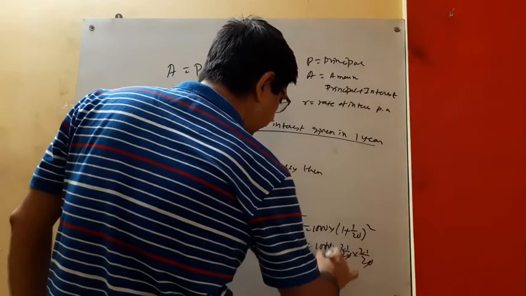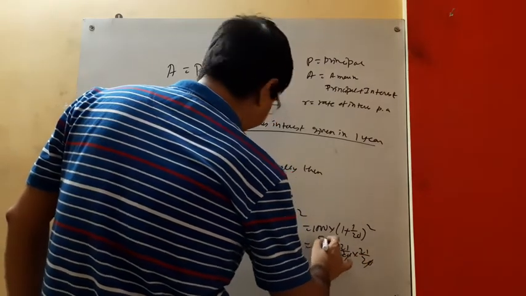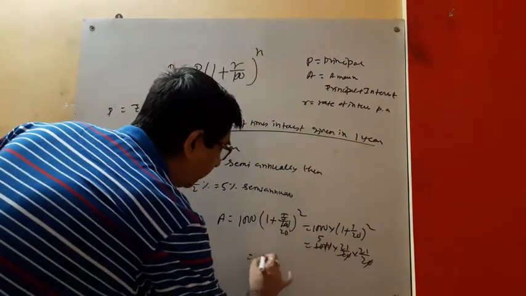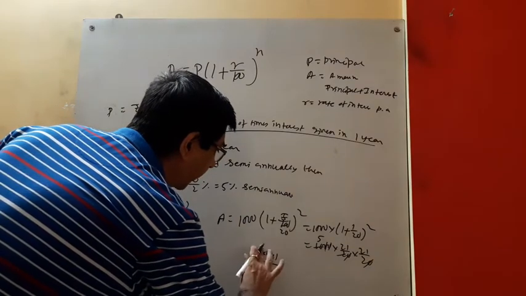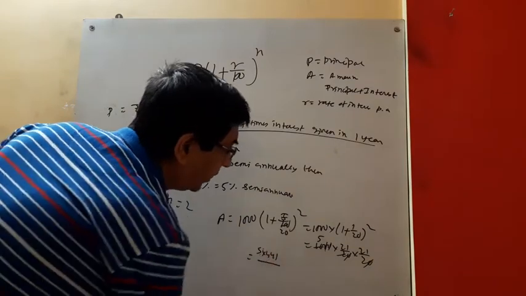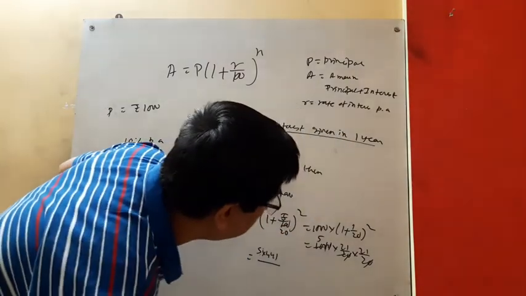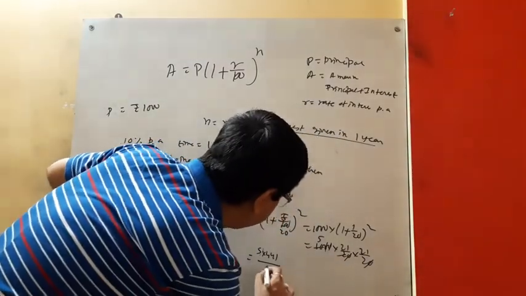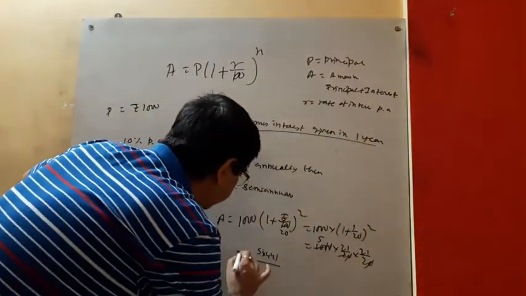The zeros cancel. 2 fives are 10. So we get 5 into 441 by 2, rupees.